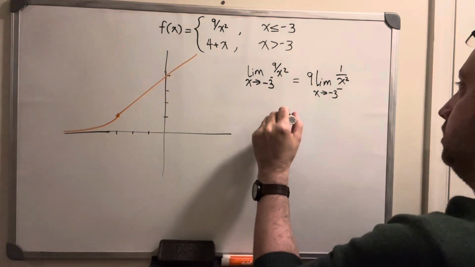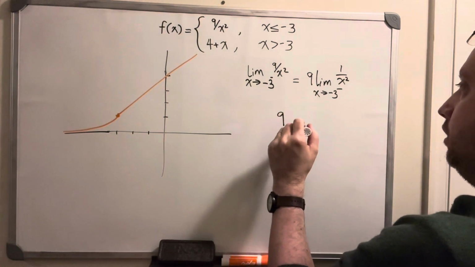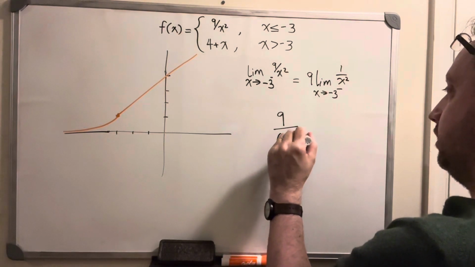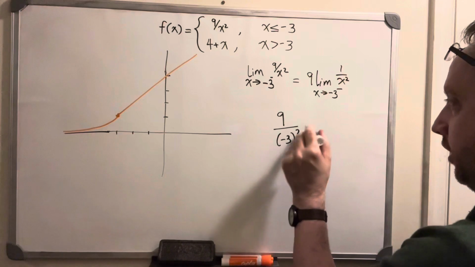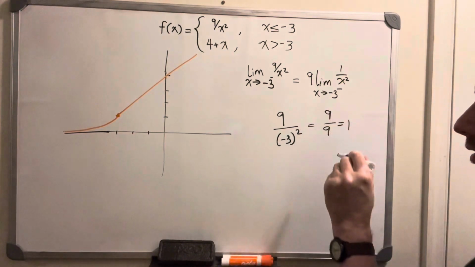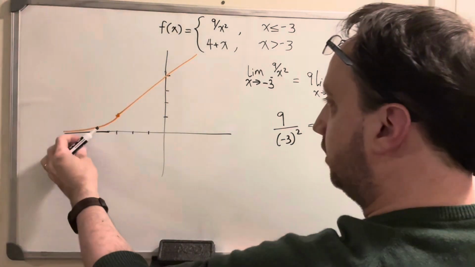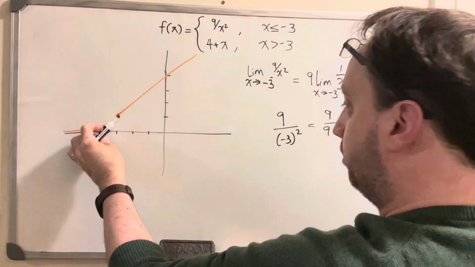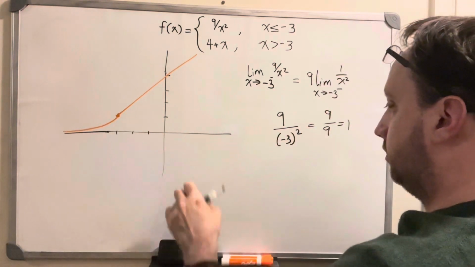So we've got 9 over -3 squared. -3 squared is 9. So 9/9 is 1. So that means that the function from the left approaches 1.